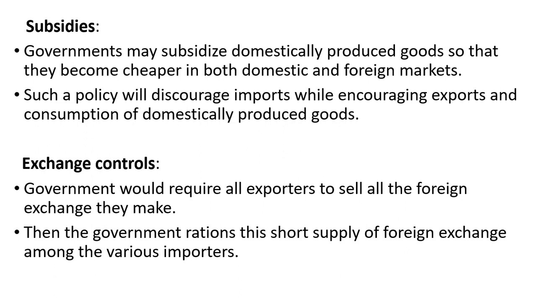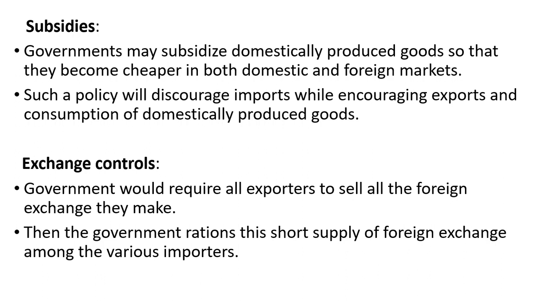Then we can also talk about exchange controls. The exchange control is a situation where a country restricts how much it imports to how much it exports. What happens under exchange control is that when companies export, they generate foreign currency, and the government will buy these foreign currencies. And when people also want to import, they have to buy these foreign currencies from the government, usually through the central bank.